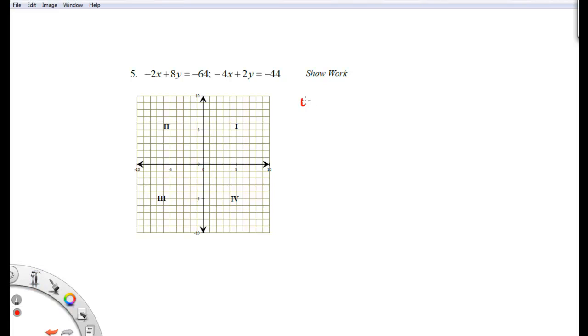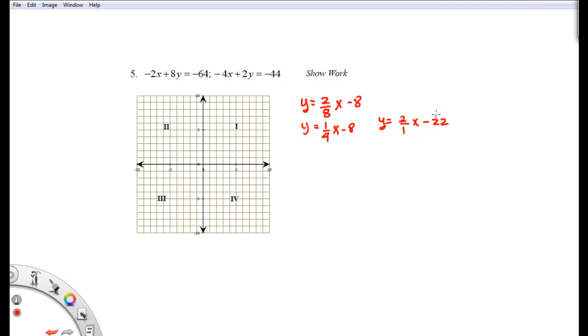So that'll be y equals 2 over 8 x, and 8 divided by negative 64 is a negative 8, and I'm going to simplify that further. y equals a negative 1/4 x minus 8. This other equation will be y equals, so that's going to change sides, so that'll be 4 divided by 2, that'll be 2 over 1 x, and then 2 to the negative 44 will give me a negative 22.